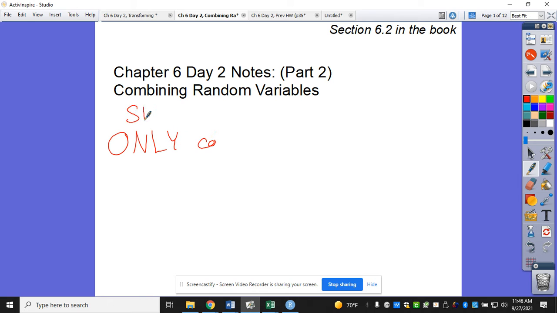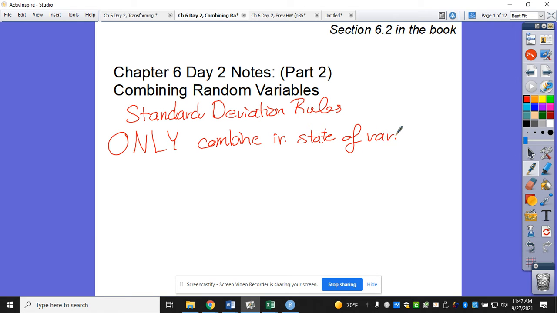These are our standard deviation rules. Only combine in the state of, what did I say? Variance. Well, can I switch something between standard deviation and variance?